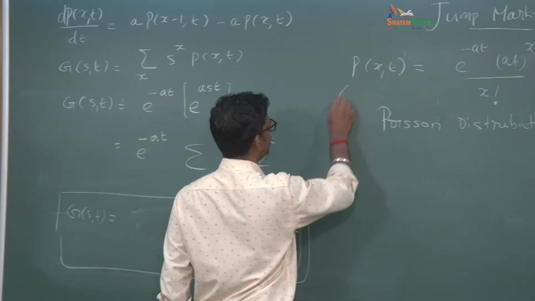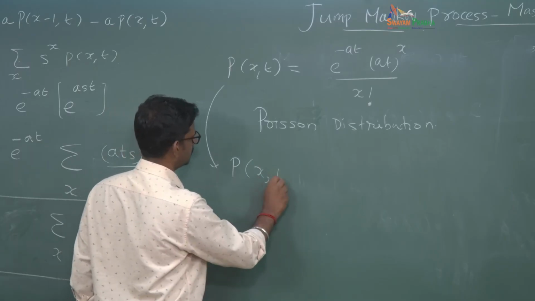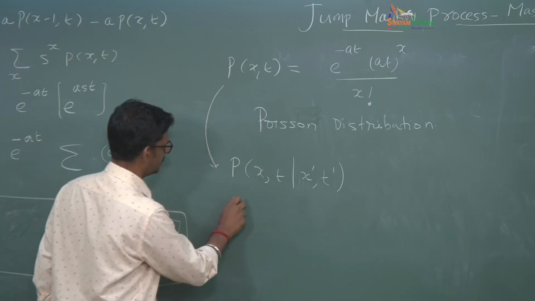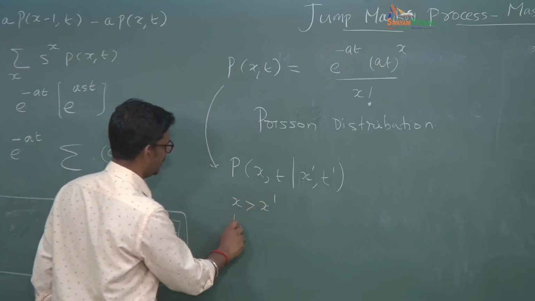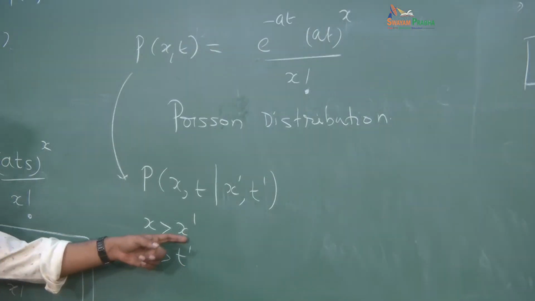So from here, if you want to write the transition probability with x greater than x prime and t greater than t prime, as time elapses the position increases.